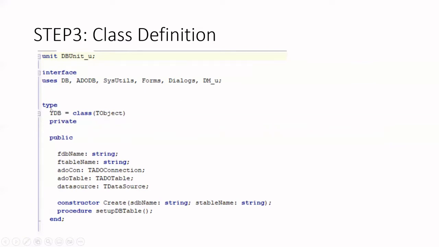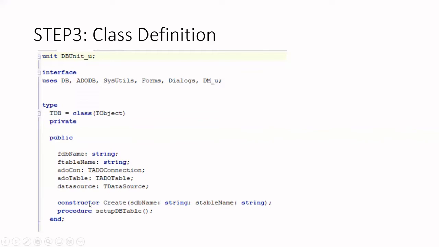After the uses section, I create a type, and the type I'm creating is TDB. It's a class object. We usually need to put our private attributes and our public methods. Here, these attributes that I have, I'm keeping them all public. It just makes things easier when we are coding the application.